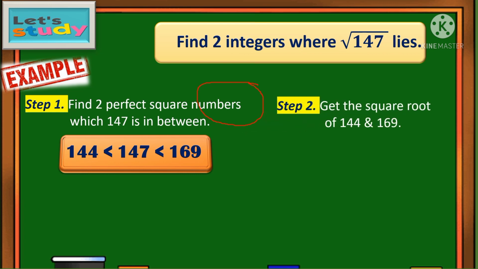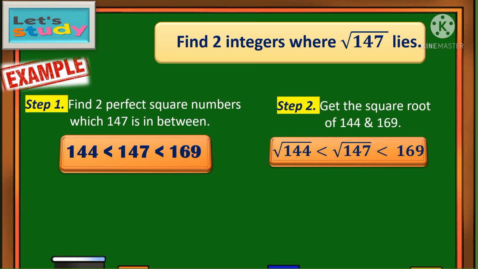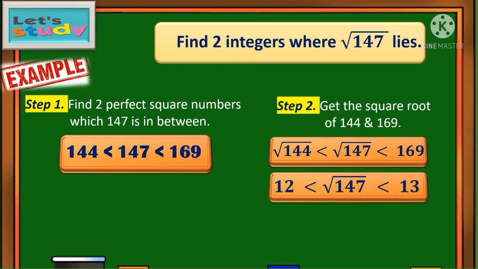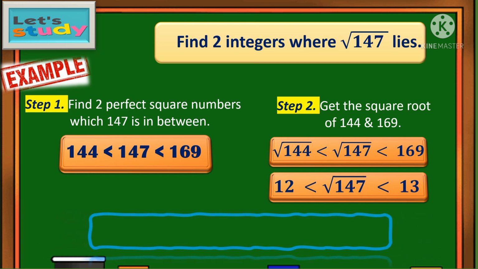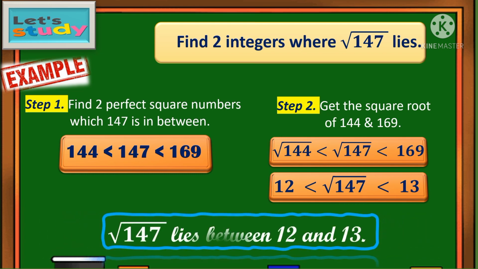Step 2. Get the square root of 144 and 169. So, square root ni 144 and square root ni 169, ano daw? So, 12 and 13. Therefore, square root of 147 daw ay nasa gitna ni 12 and 13.